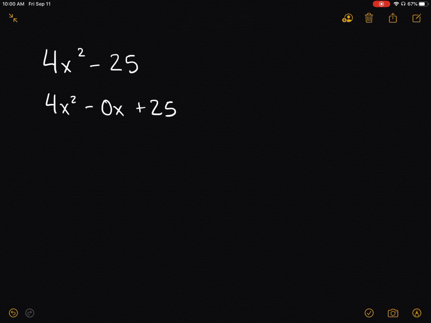Now, if you remember, a difference of perfect squares is just the square root of the first term plus and minus the square root of the second term. So this should be 2x plus 5 times 2x minus 5. If you're thinking, oh yeah, I remember, I'll show you how we get here if you forget that. Anytime you forget the tricks, this factoring method works.